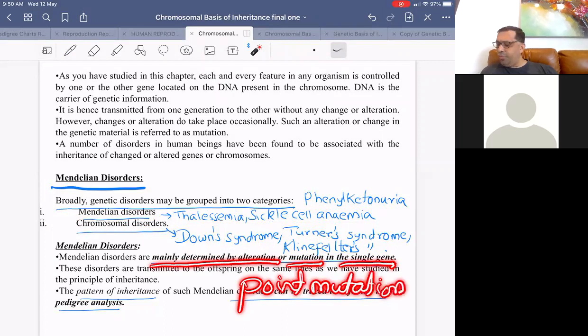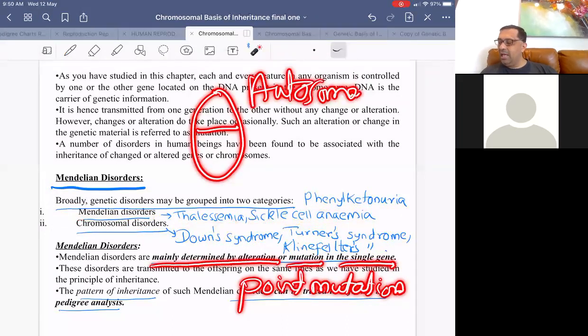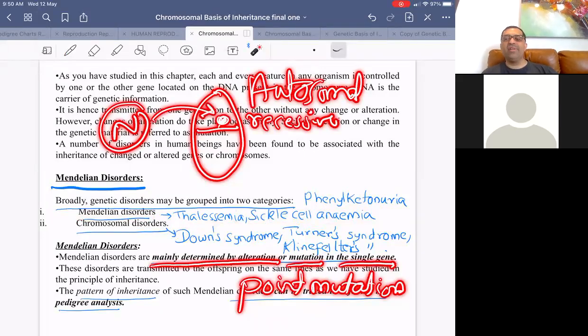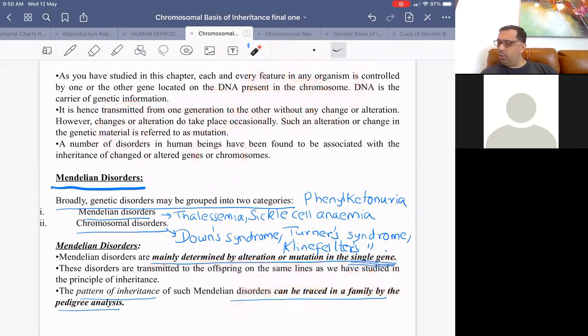And most of these Mendelian disorders are due to autosomal recessive gene. The gene is found on autosome and it is a recessive gene, and a normal gene will become dominant over the recessive gene. तो ये most of the Mendelian disorders ऐसे होते हैं.